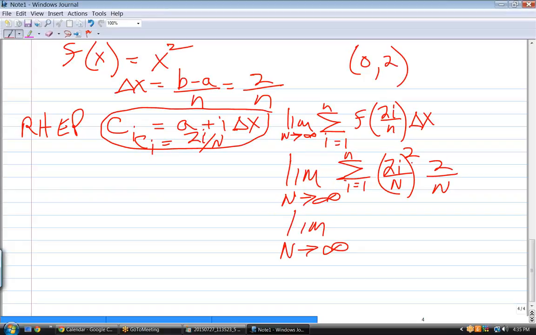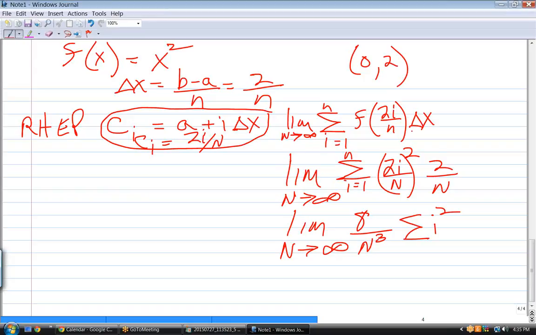Okay, I'm going to take all numbers and n's outside. Well, this gives me 4i squared over n squared. So I'm going to have an n cubed, 4 and 8 over n cubed outside the sigma. And what I have left is going to be i squared.